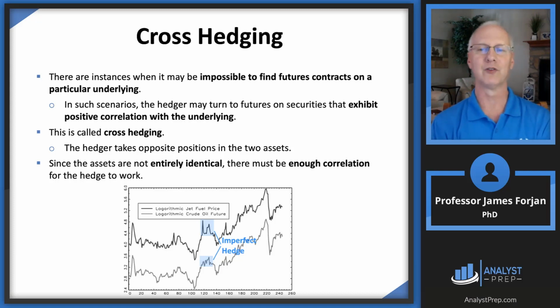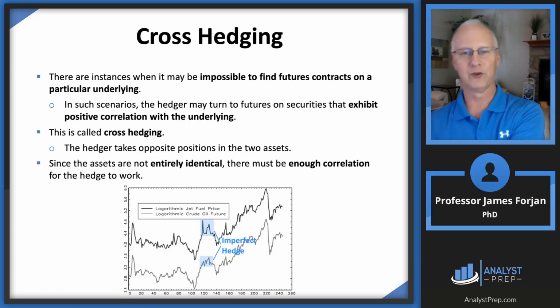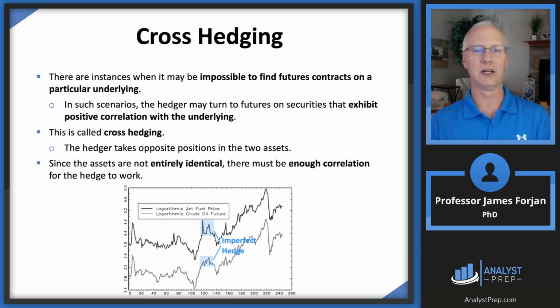Notice what I have in that first circle point there. What you're looking for are derivative securities that have high correlations to your underlying strawberry asset. So if strawberry prices and blueberry futures contract prices are highly correlated, like 0.9 or 0.95, then you can reasonably cross-hedge.